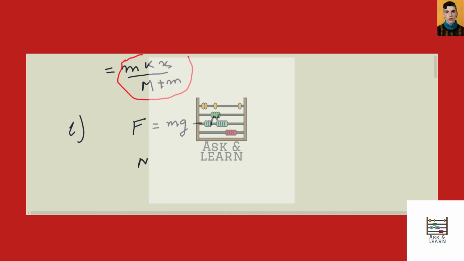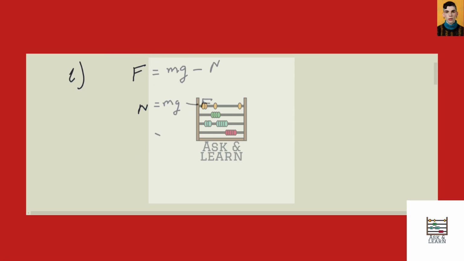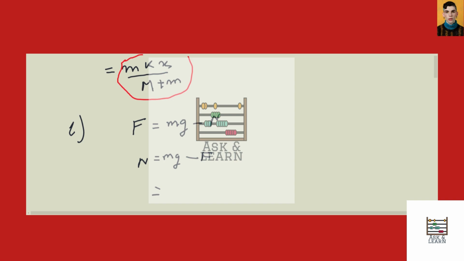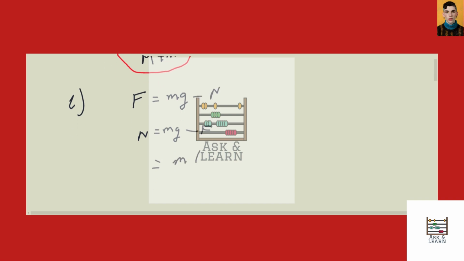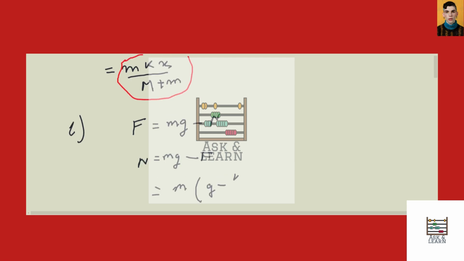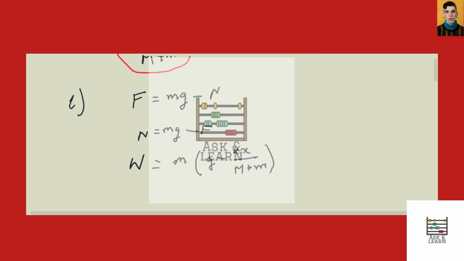This gives us normal reaction equal to mg minus F. Now we plug in the value of F. Let's take m common, so we have m times g minus kx over capital M plus m, right? So this is the normal force on this smaller block.